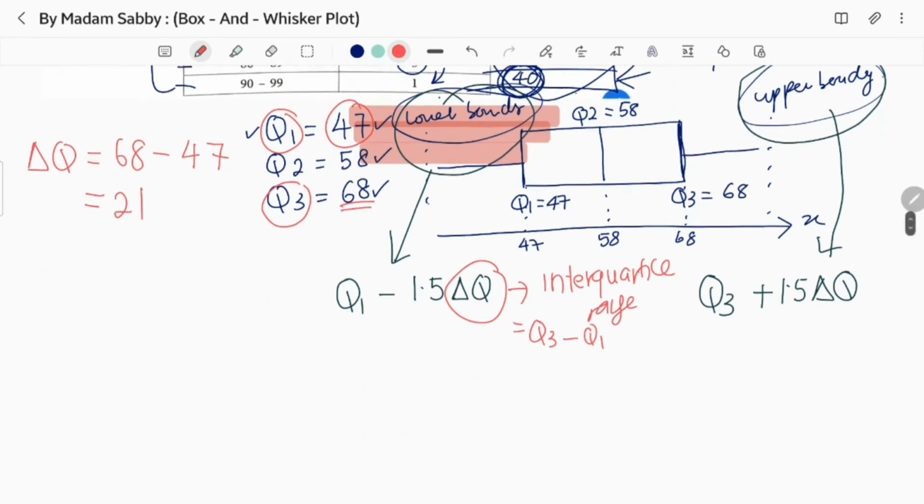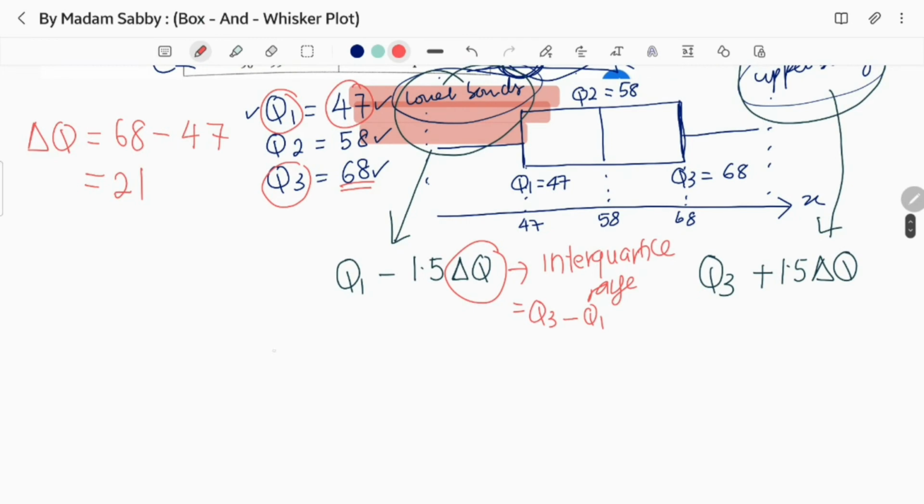Okay, so from here we can calculate your lower boundary. Your lower boundary is your Q1, 47, minus 1.5 multiplied with 21. If we calculate, we will get our lower boundary to be 15.5.